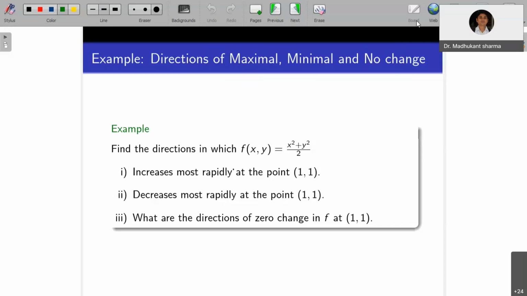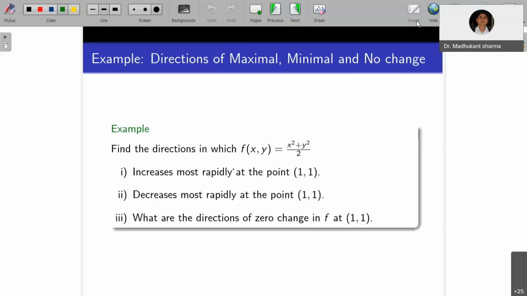And then we have listed three properties of directional derivatives. Okay, and it says that the function will increase most rapidly in the direction of grad f.